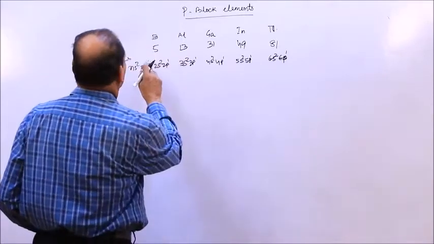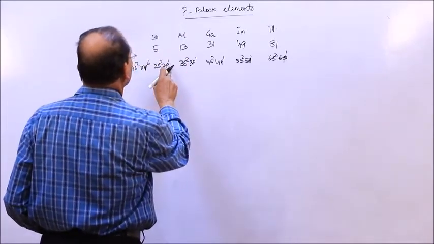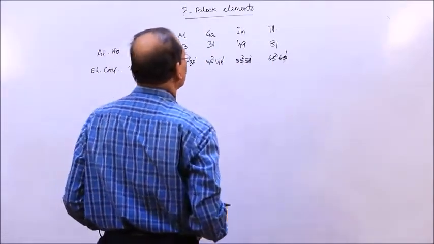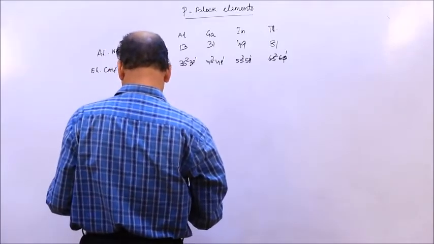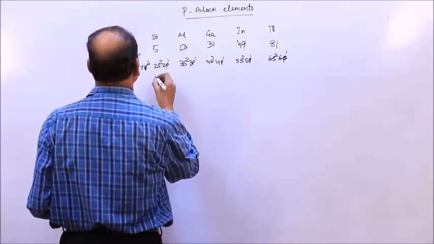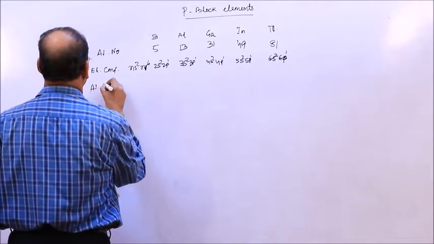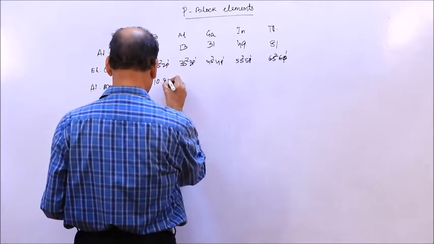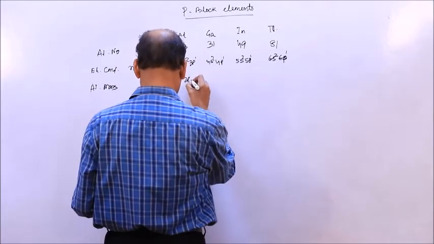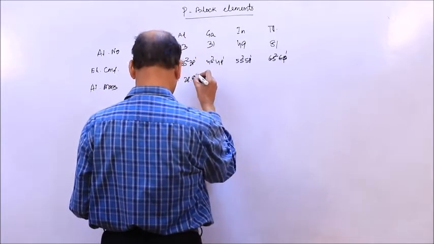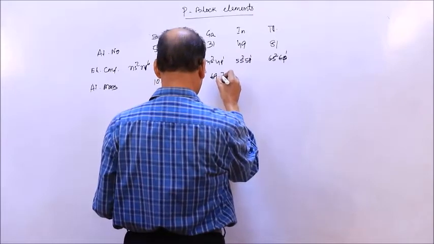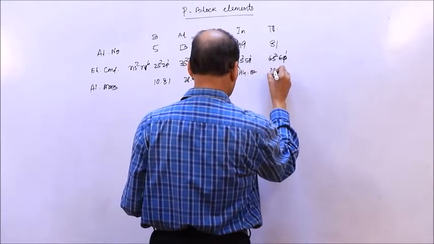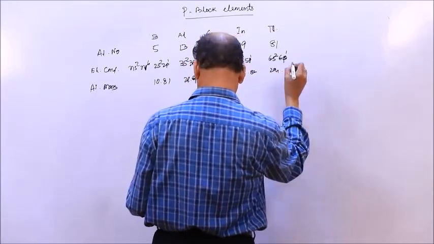Along this we will see that there are 3 electrons in the outermost orbitals, that is the valence electrons present in the outermost orbitals, and atomic mass also increases, that is from 10.81, 26.98, 69.72, 114.82, then 204.38.